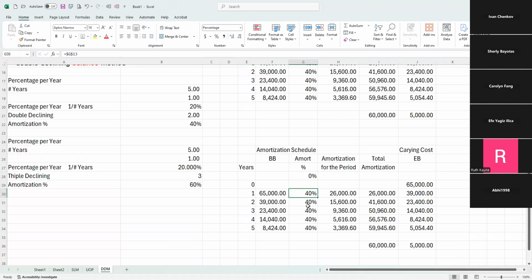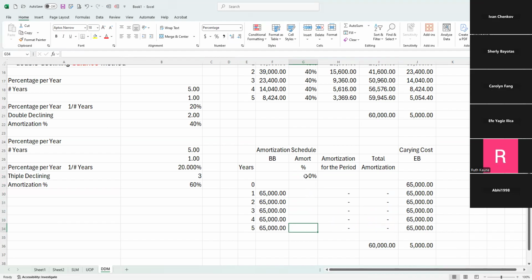So instead of having here 40%, my amortization percentage will be 60, correct? So the first year, my carrying amount will be 26, and then I'm going to apply again 60. I'm going to go to 4,000, 10,400. I'm going to apply again 60.